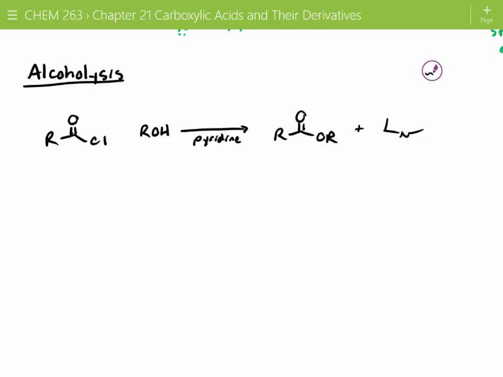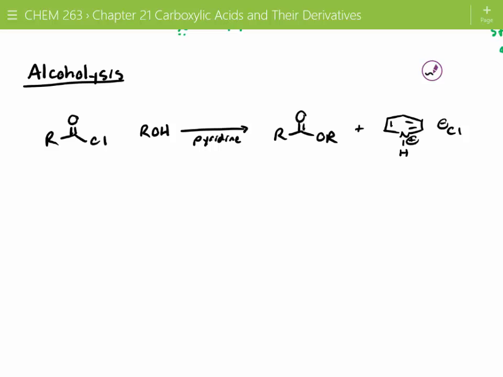And then your byproduct, which is much more gentle, is pyridinium chloride. So if you use pyridine as your base, it will end up deprotonating during the mechanism, and you'll form the pyridinium salt. Pyridinium salts aren't nearly as acidic as hydrochloric acid, and this is much easier and more gentle.